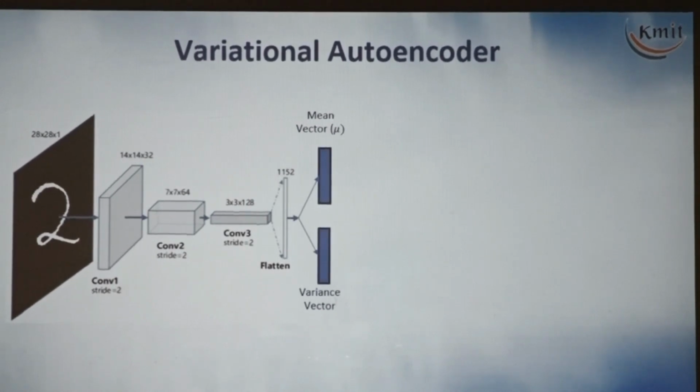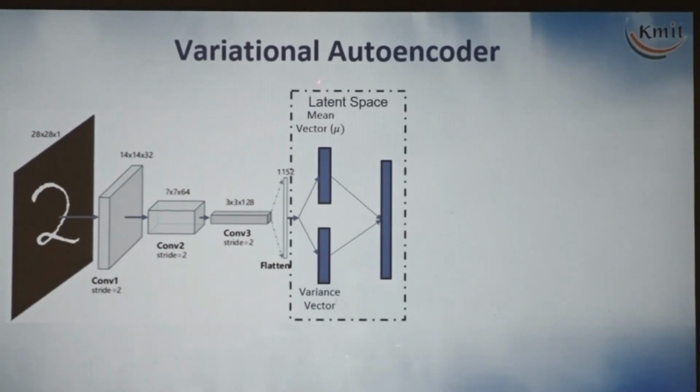And see here, next. Now these two layers will be combined and will give a sample layer. A sample will be taken from these two layers. Now this part is called the latent space.